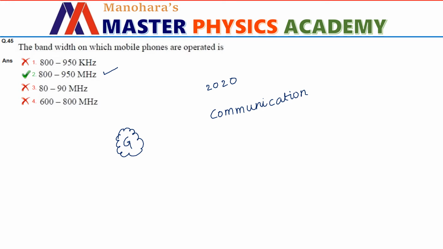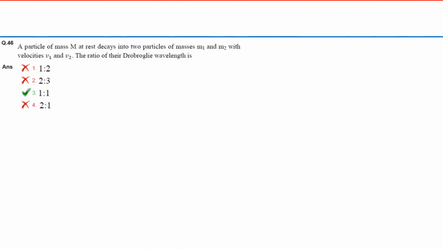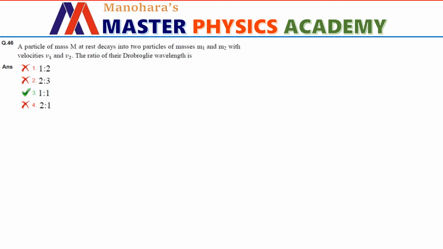Let's move on to question number 46. A particle of mass m at rest decays into two particles of masses m1 and m2 with velocities v1 and v2. The ratio of their de Broglie wavelengths is.